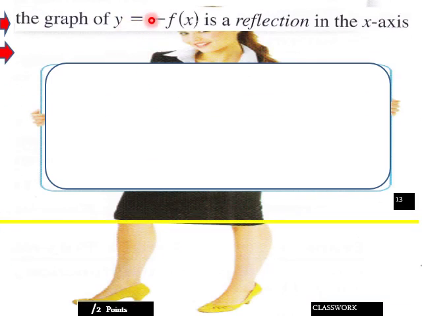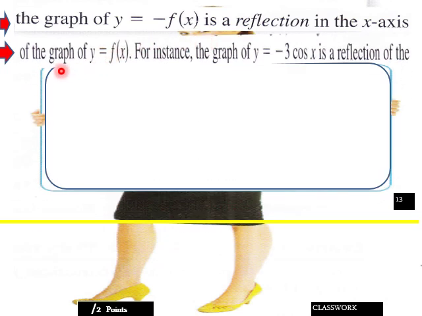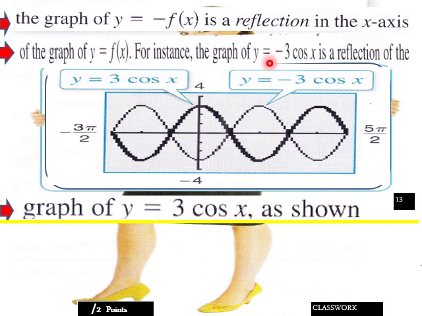The graph of y equals negative f of x is a reflection in the x-axis of the graph of y equals f of x. For instance, the graph of y equals negative 3 cosine x is a reflection of the graph of y equals 3 cosine x. So here is your y equals 3 cosine x in the dark.